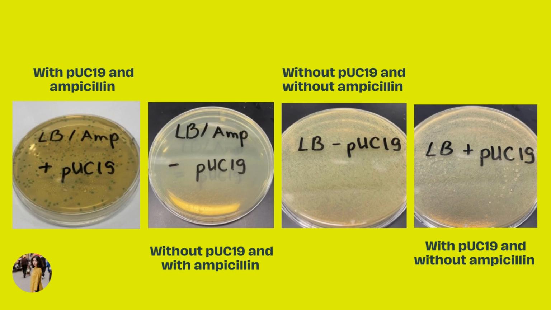For the plate without pUC19 and without ampicillin, or with pUC19 and without ampicillin, the plates are actually the same because bacteria will grow anyway, with or without the presence of ampicillin.